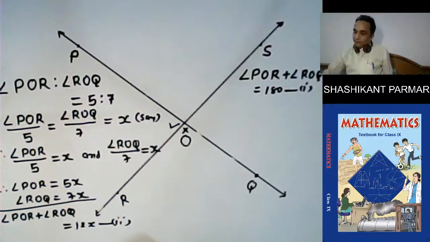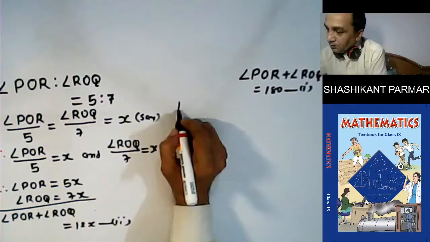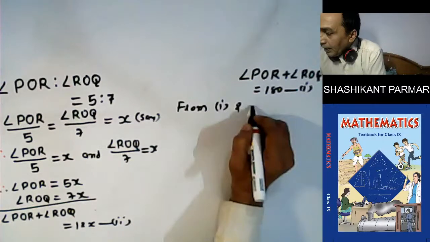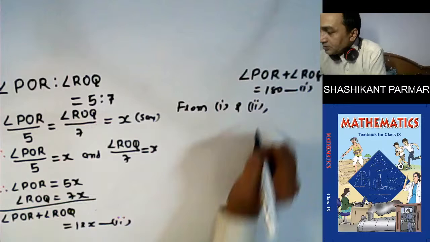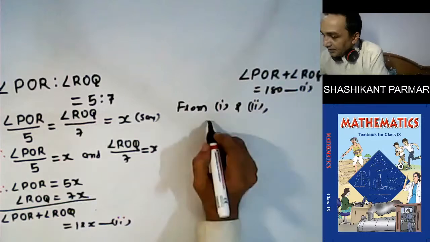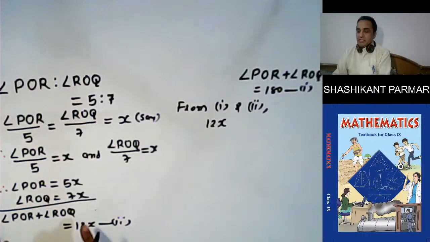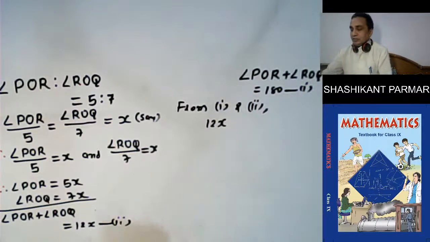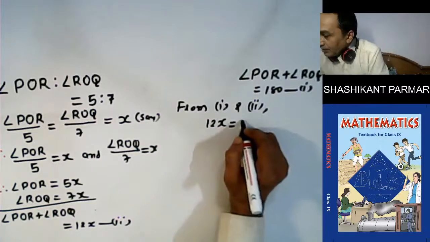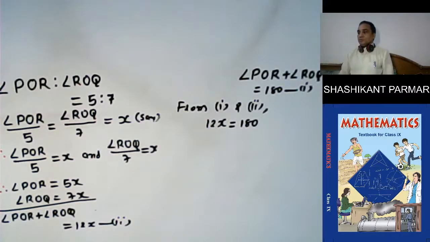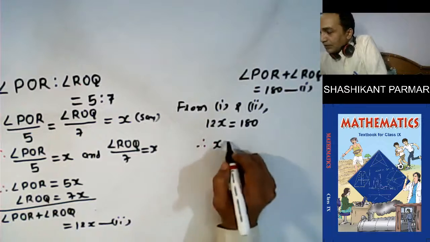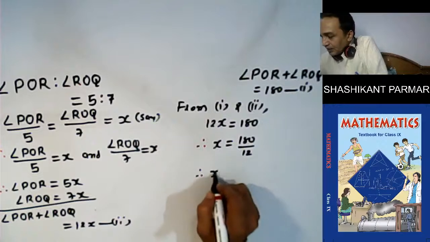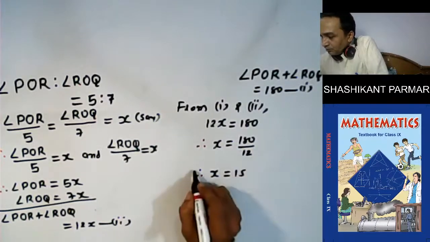So from first and second result, you can write that 12x, because the left hand sides are equal, POR plus ROQ. So we can compare the right hand sides, and therefore x is equal to 180 divided by 12. Therefore x is equal to 15.